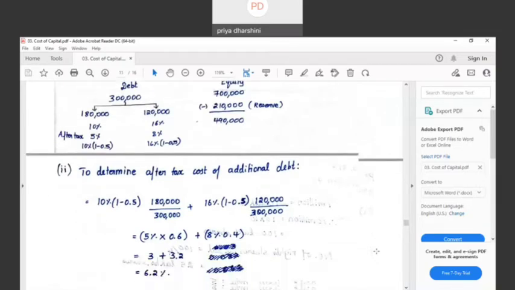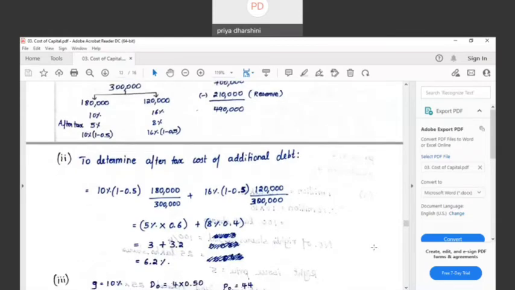So how do you find the total cost of debt? We know up to 1,80,000 it is 5%, and after that it is 8%. How do you find the total cost of debt then? 10% into 1 minus 0.5, which is after-tax cost of debt, into 1,80,000 divided by 3 lakhs, plus 16% into 1 minus 0.5 into 1,20,000 divided by 3 lakhs.